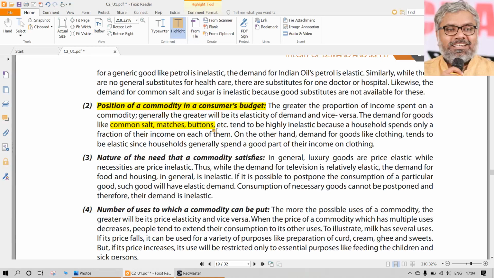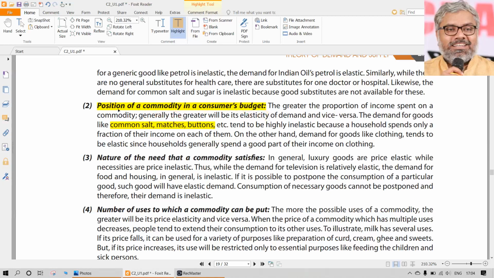Low place does not mean they are not important. Salt is very important. But still, it is not so expensive that it occupies an important position in a consumer's budget. Consumer's budget means the normal consumer's monthly expenditure pattern. In that, common salt and the like will not have a huge role to play, which means they are not going to be much important for a consumer in his monthly expenditure.